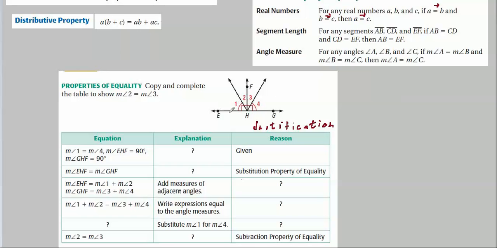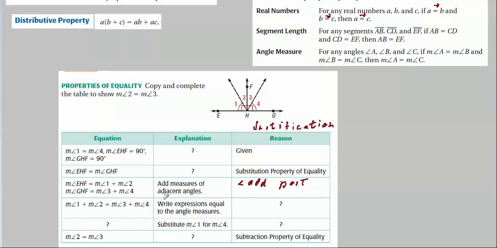Here's EHF, and here's the two angles we broke it up into. If we add them back together, we get the whole again. That's our angle addition postulate.